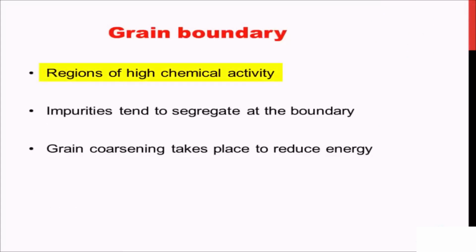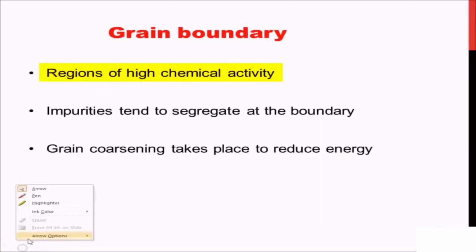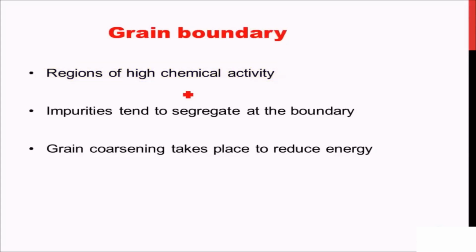There is non-uniformity. Therefore, since it is a region of higher energy, it is also a region of higher chemical activity. Why so? Because through high chemical activity, the grain boundary region tries to reduce its energy. It tries to pull down the energy and attain a more stable state.